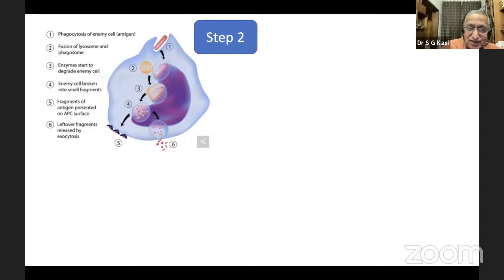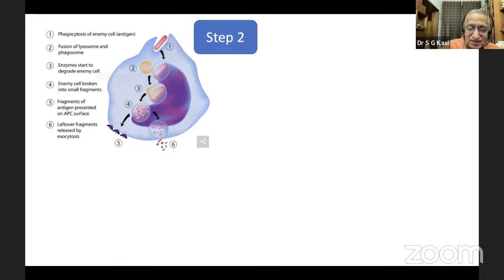This contains digestive enzymes which break down the pathogen in the phagosome, making bits and pieces of it. Those which are important for immunity are presented on the cell surface, whereas those which are not necessary are thrown out by a process called exocytosis.